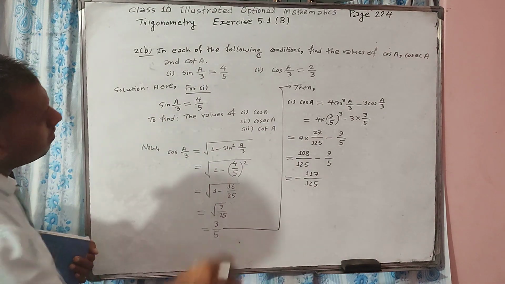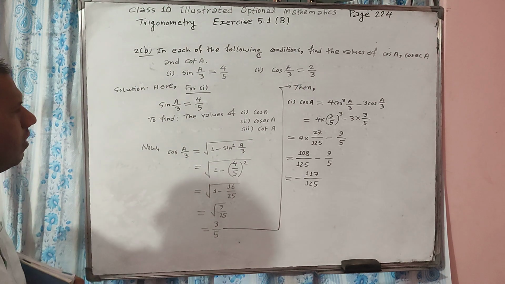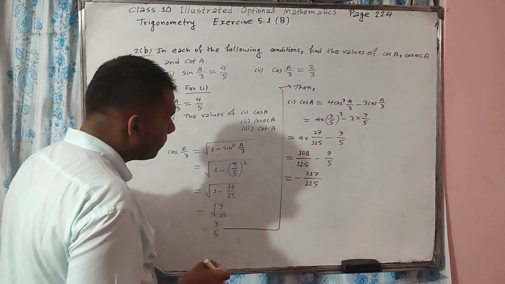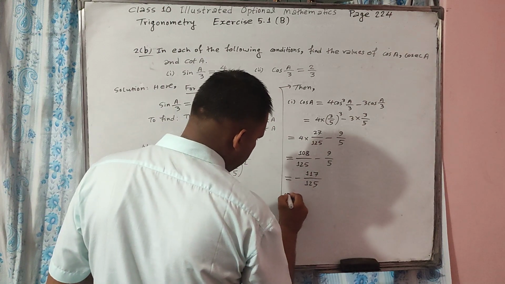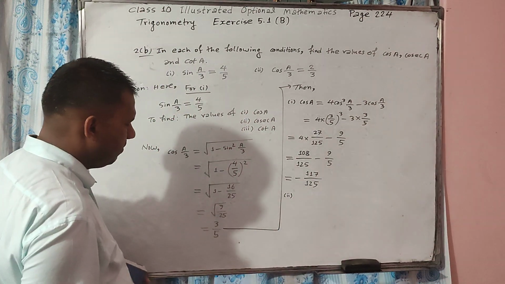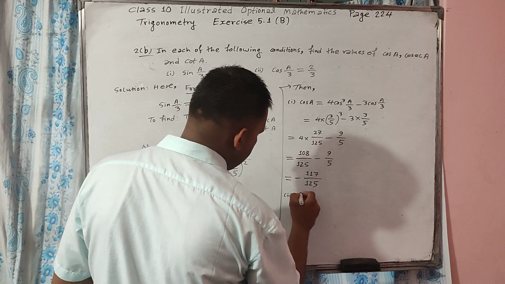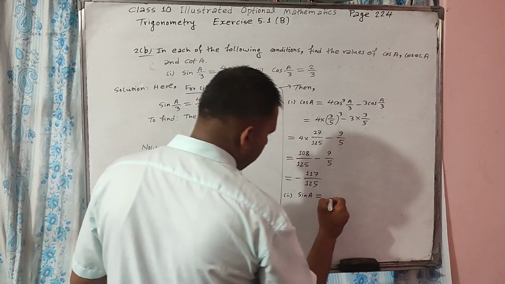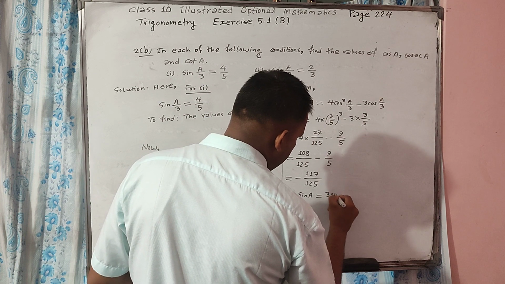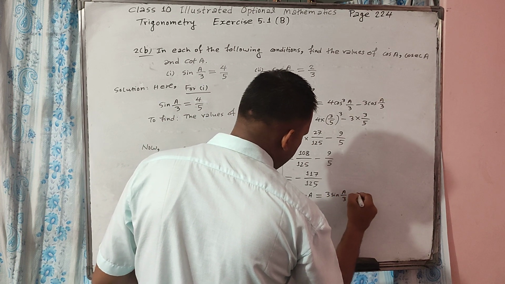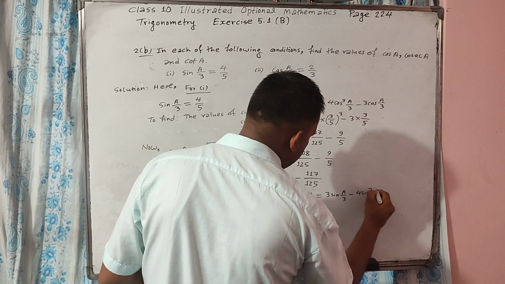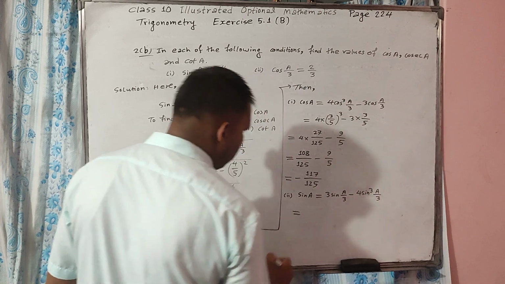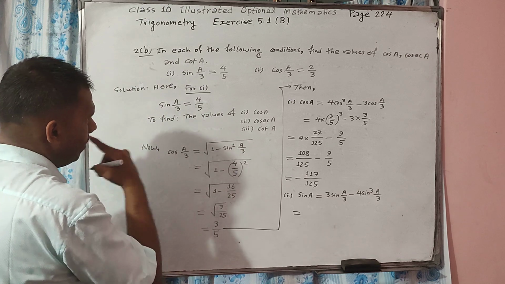Then for 2, sin A equal to 3 sin A by 3 minus 4 sin cube A by 3. Value of sin A by 3 is 4 by 5.